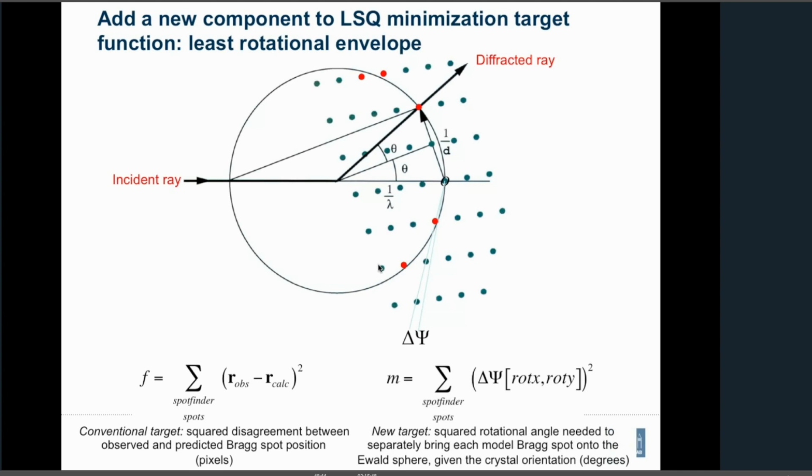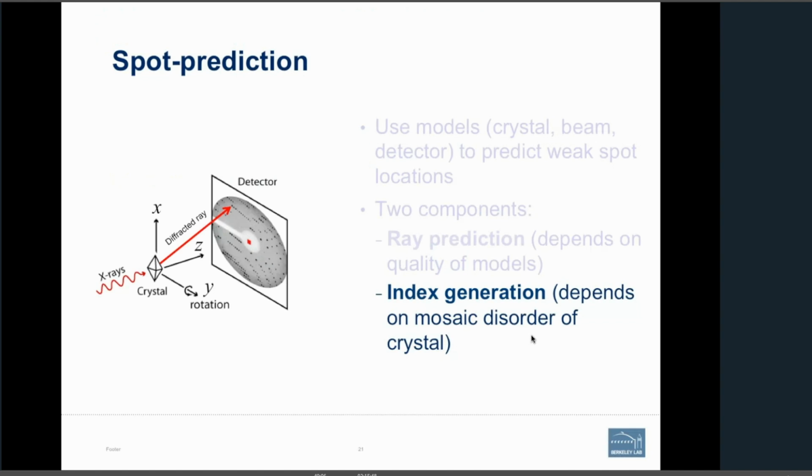And so we minimize, in addition to this positional target, we minimize delta psi for all the observed reflections. And this additional minimization target allows us to get a stable minimization, and we get a more accurate crystal orientation matrix. And therefore, we can predict the spots with more accuracy.